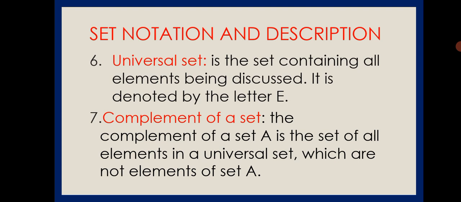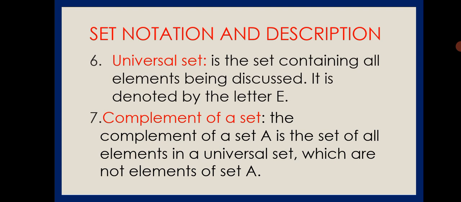Example, we have these members to be the universal set. We have 1, 2, 3, 4, 5 as our universal set, and set A is 2 and 3. How do we get the complement of set A?